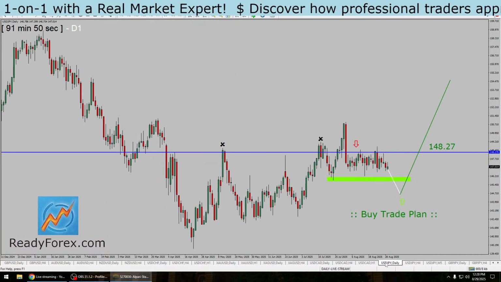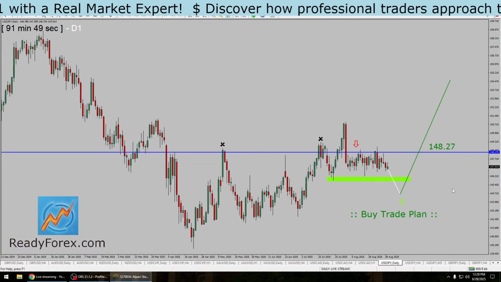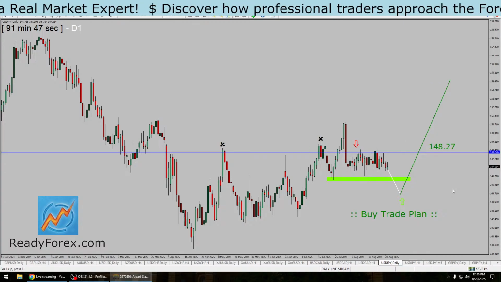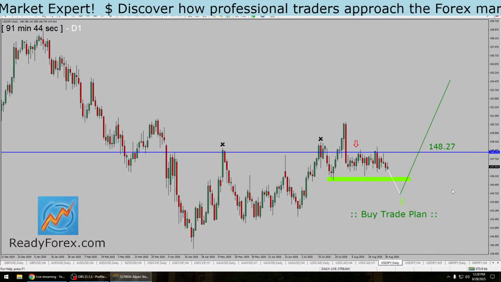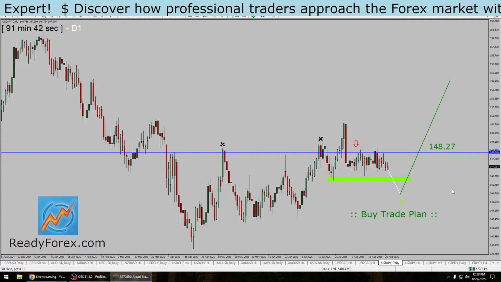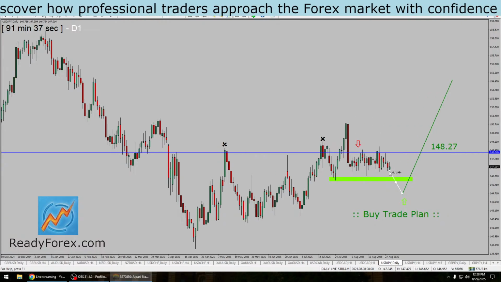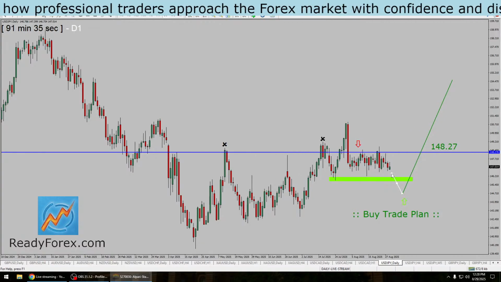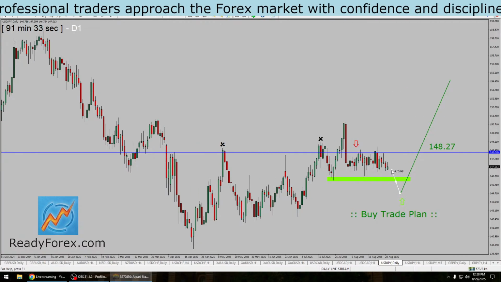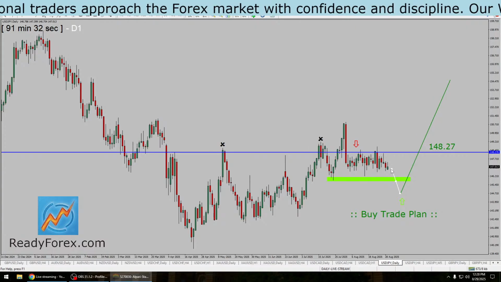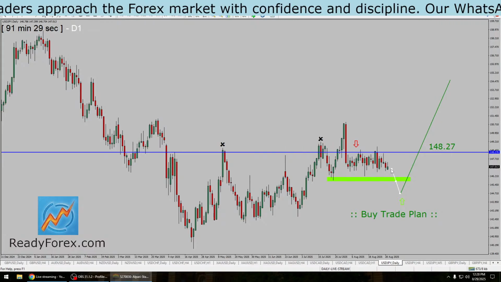Okay, next one is the US dollar versus Japanese yen currency pair. USDJPY, this is the support down over here, and I'm waiting for the market to test the support level and then go back up.